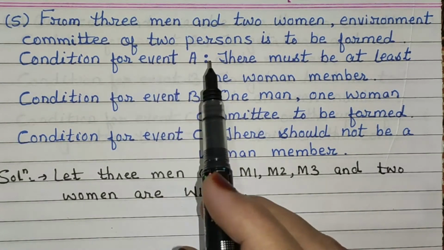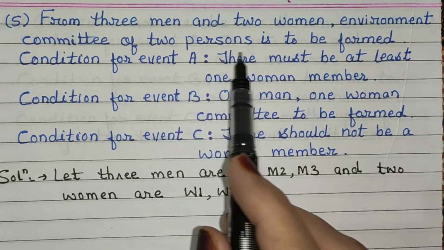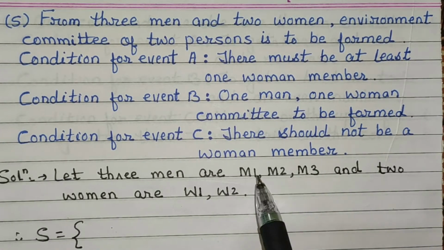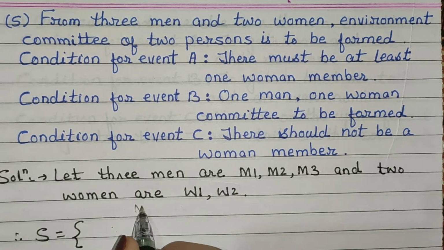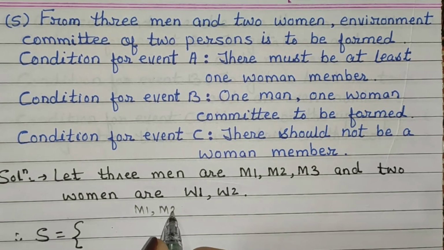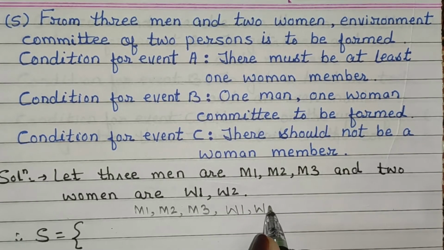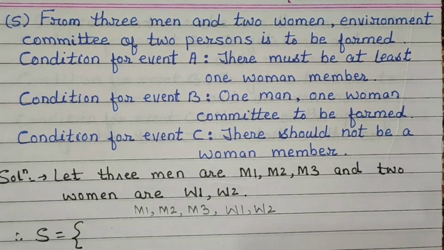Now, a committee of 2 persons is to be formed. Therefore, sample space S is equal to, now 3 men means M1, M2, M3 and 2 women W1 and W2. Now from these 5 persons, a committee of 2 persons is to be formed.